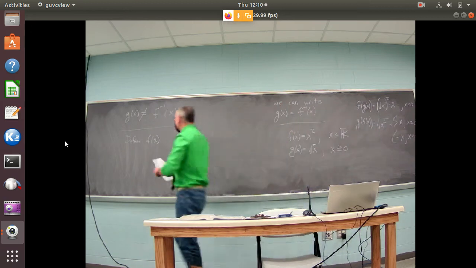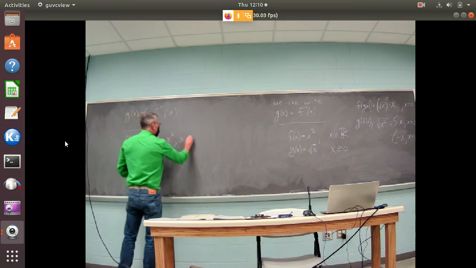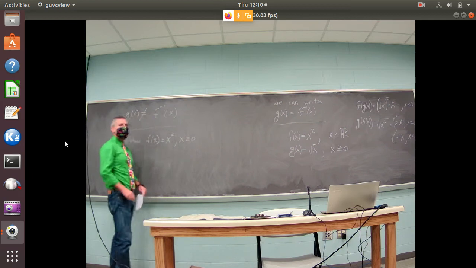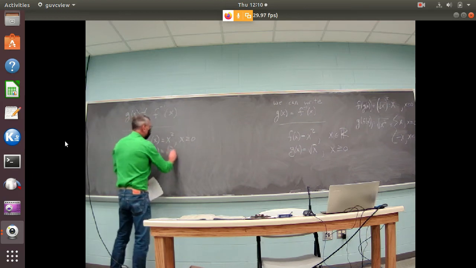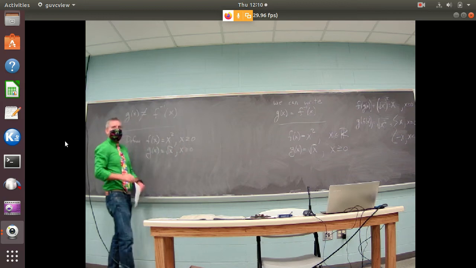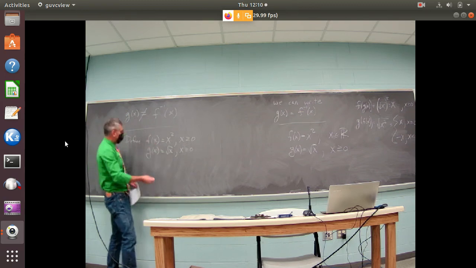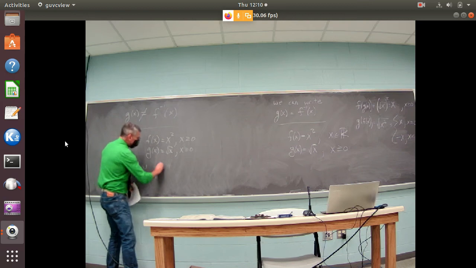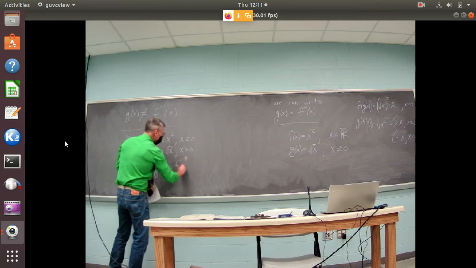I just restrict its domain: x squared for x greater than or equal to 0. And then g of x equals square root of x. Same domain in this case. They don't have to be, but they are in this case. And so now g of x is indeed f inverse of x.